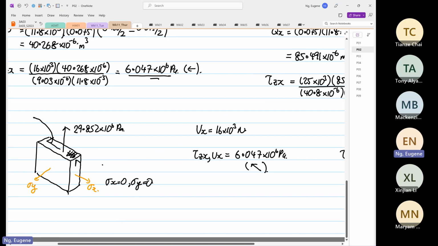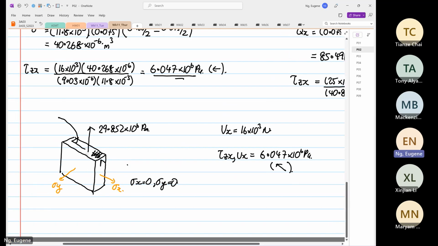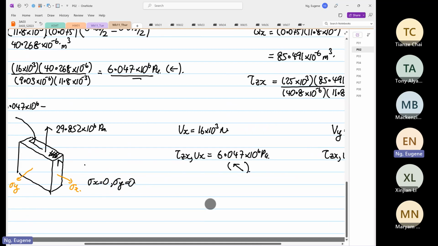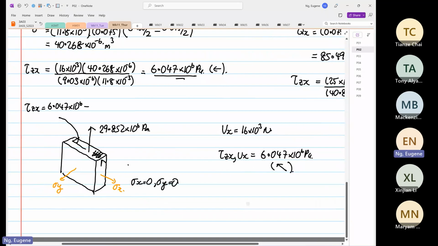Because the shear zx is equal to 6.047 minus 4.439.